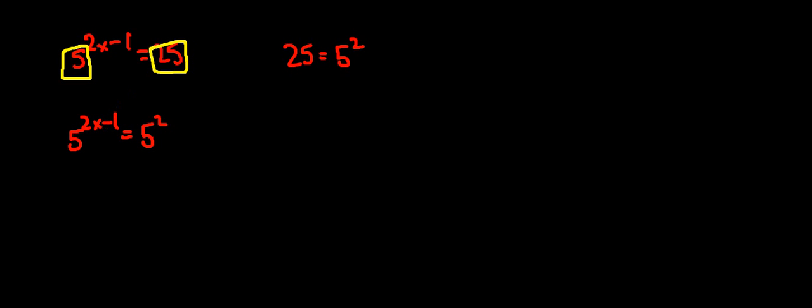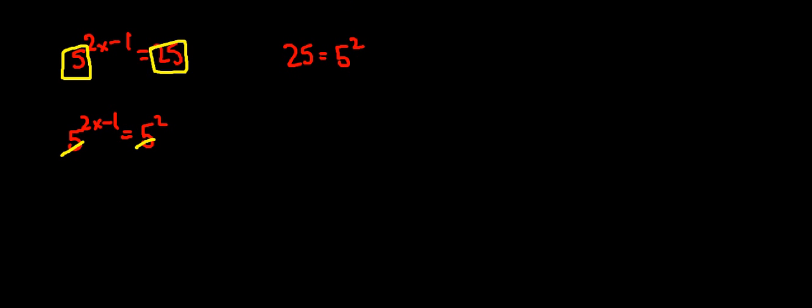So what I'm looking for is an x value that will ultimately give me a 2 on this side to be equal to this 2 over here. So I can essentially ignore these bases because they are going to remain the same. What I'm looking for is the x value that's going to give me 2 on this side.